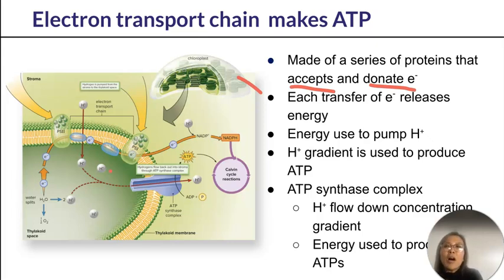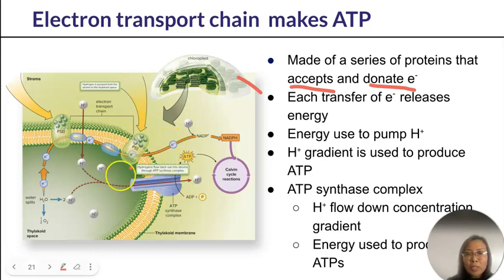So as we're getting all this potential energy, what's going to happen is we end up with this difference in the amount of ions, and all this potential energy is going to be used to drive ATP synthase, which is another protein that's part of this whole electron transport chain.